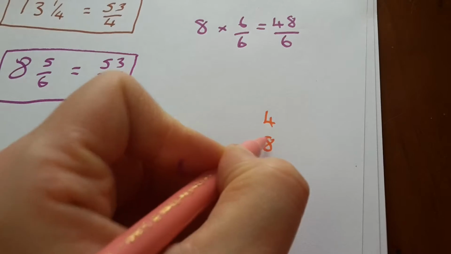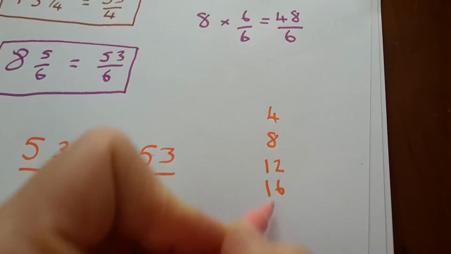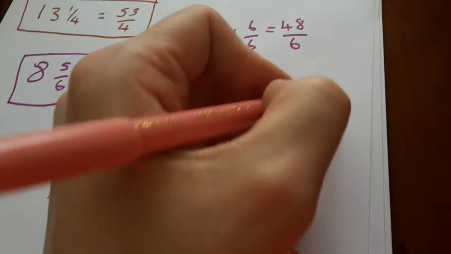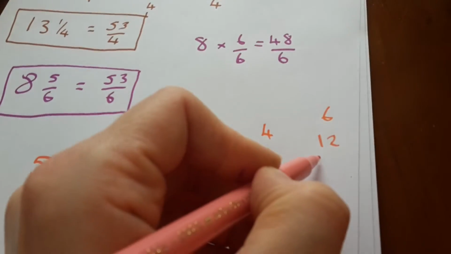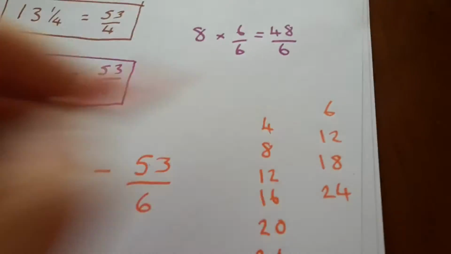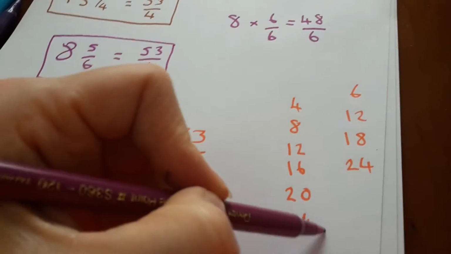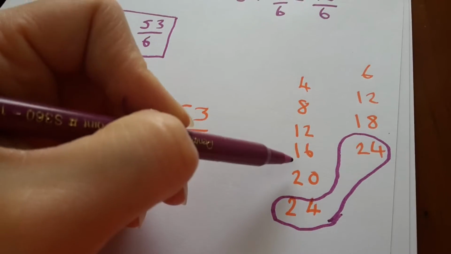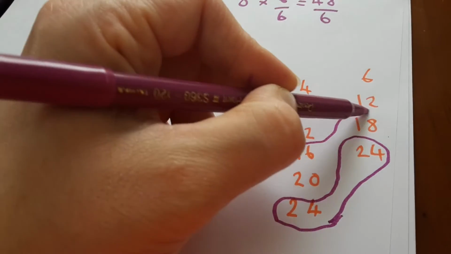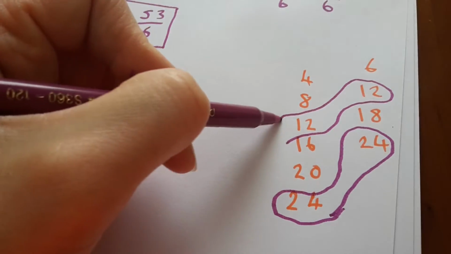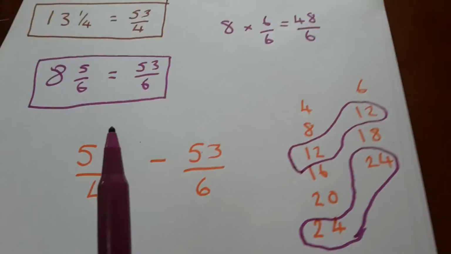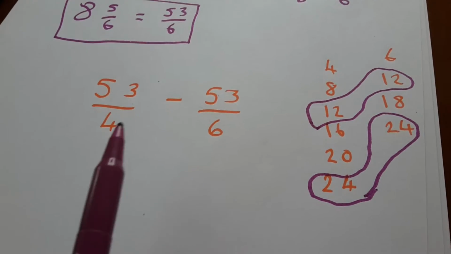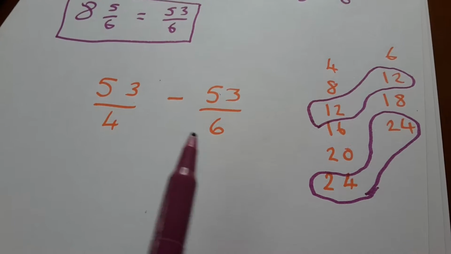So 4, 8, 12, 16, 20, 24. 6, 12, 18, 24. Now notice, and this is why I've specifically picked these numbers, that we end up with 2 numbers that they can both fit into. Some of you were probably told by teachers just to multiply these 2 numbers together and work with them.